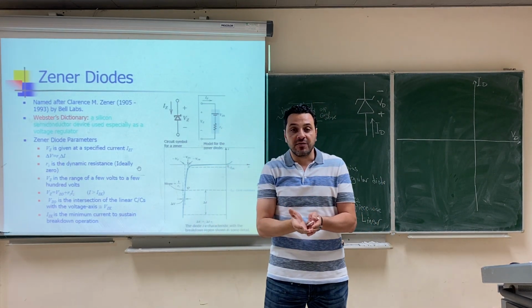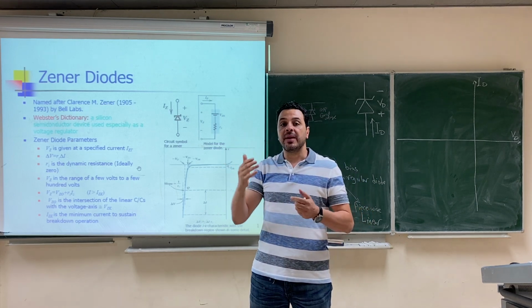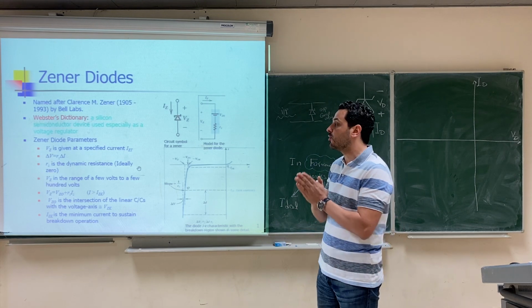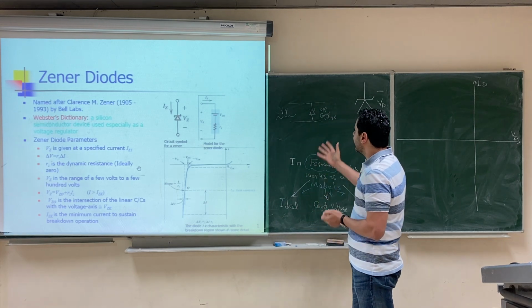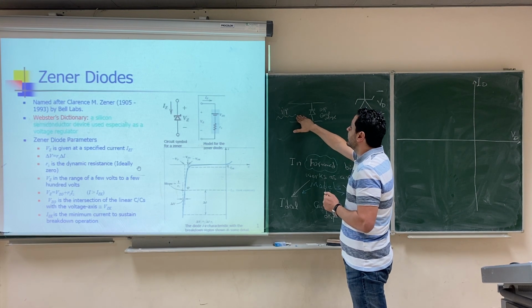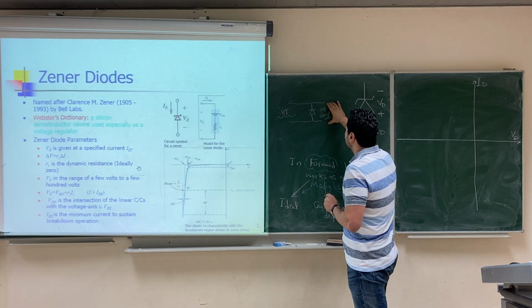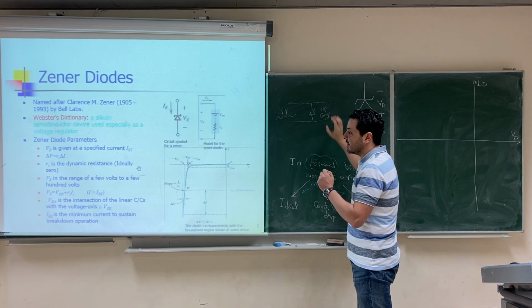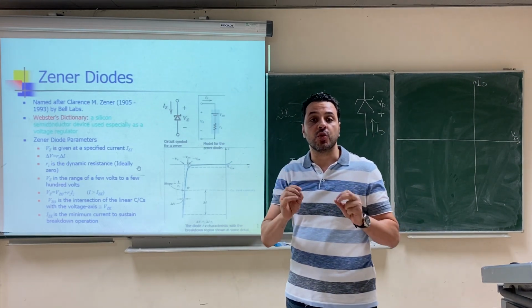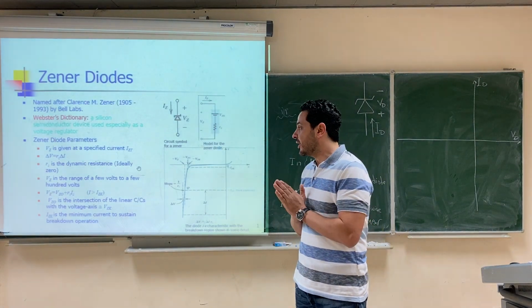So you need a constant voltage, because fluctuating voltage may harm the appliance that you are connecting this voltage to. So the regulator, again, helps remove the fluctuations from the input voltage and gives you a constant voltage at the output. So the Zener diode is a special diode designed to work as a voltage regulator.